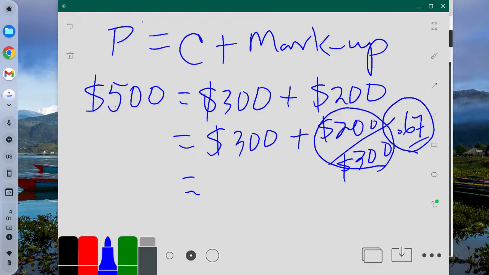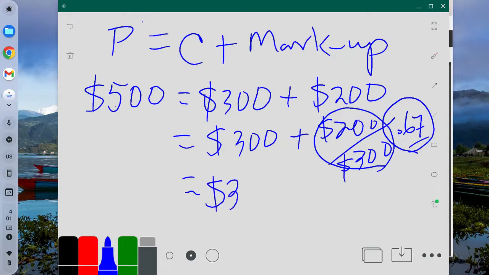66.67%, right? I just rounded it to 67% because we all know 2 divided by 3 is 0.6667. Of course, it keeps on going. We'll just have to round it up at some point. And then we can factor out the common factor.